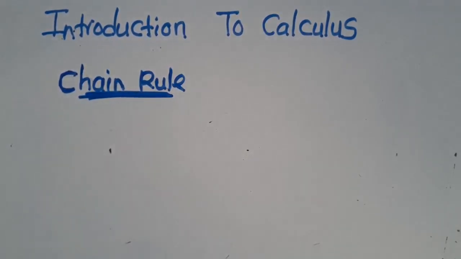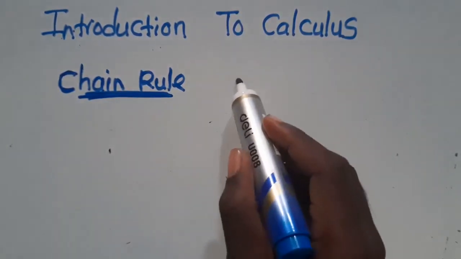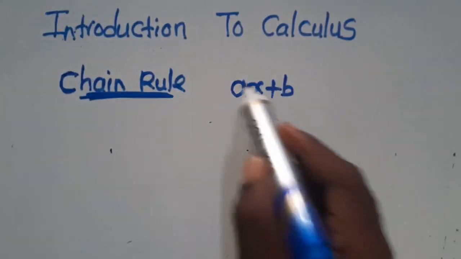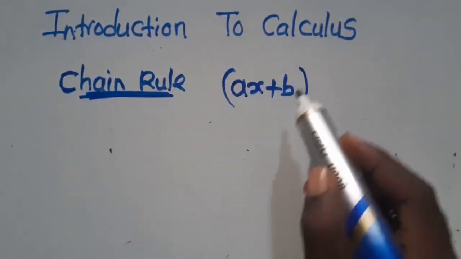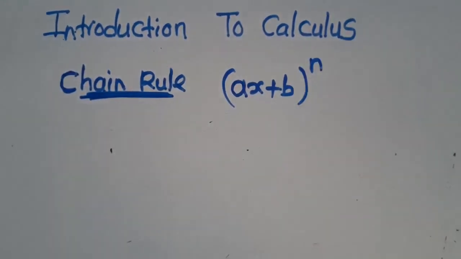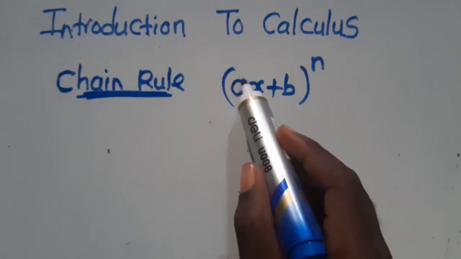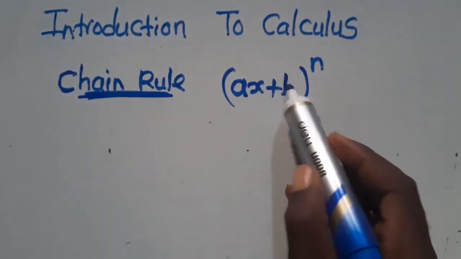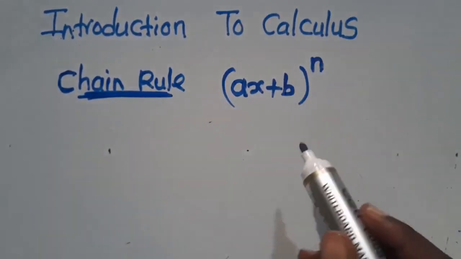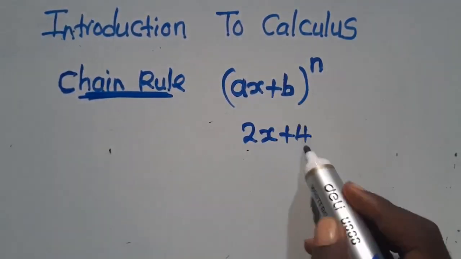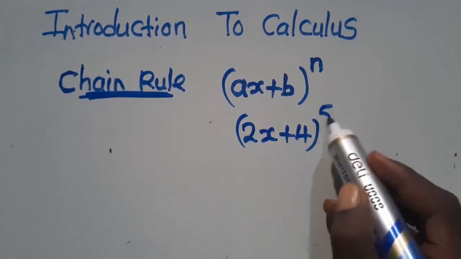So how can you know that in a particular question you are supposed to use the chain rule? Whenever you see brackets like this, ax plus b, to the power n, where a, b, and n are numbers, it can be 2x plus 4 to the power 5.